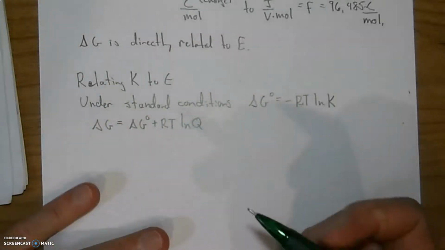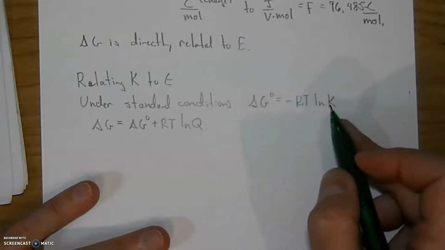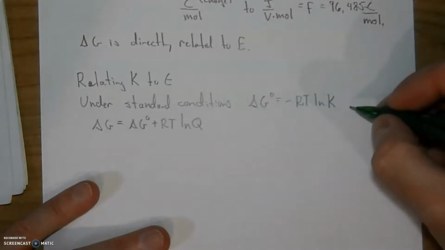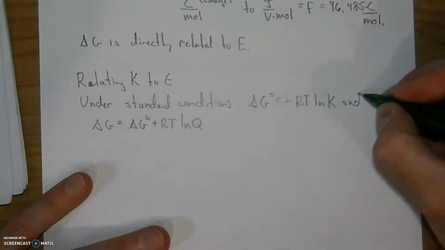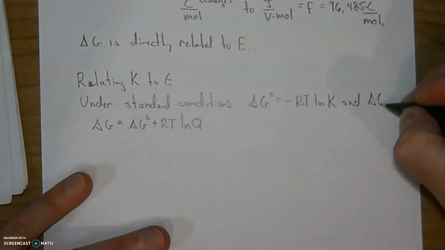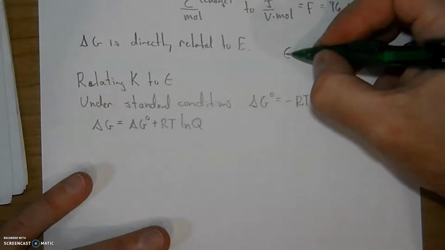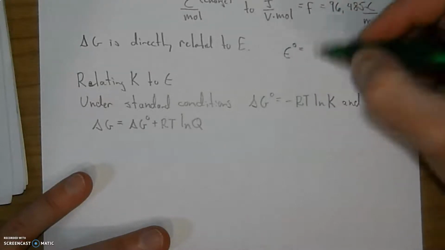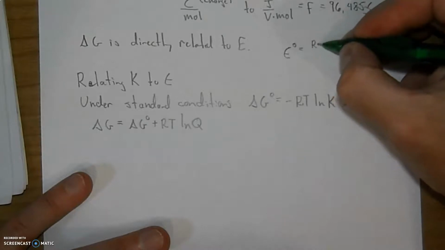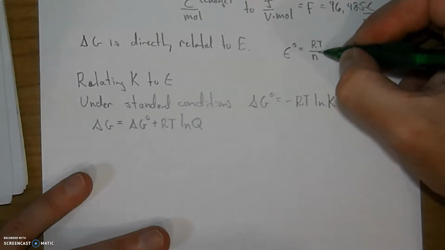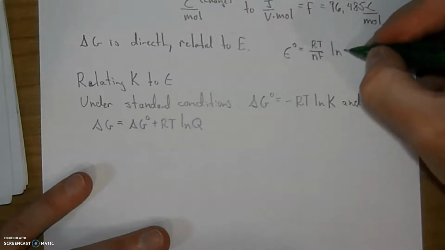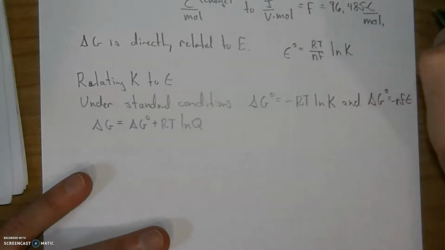Okay. Now to make the comparison to what we were doing up here, I have this value from the previous chapter, 19, and I have the equation just above, delta G is equal to negative nFE. So we have that equation. We can relate both of these over to another equation. E is equal to RT over nF natural log K. Just doing some substitutions for delta G into this equation here and moving things around.